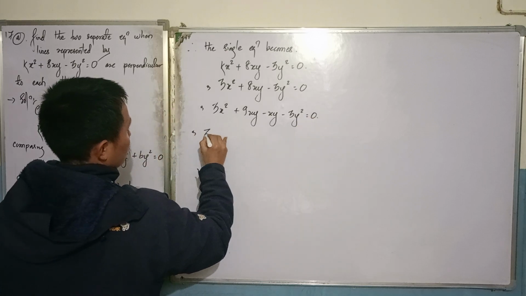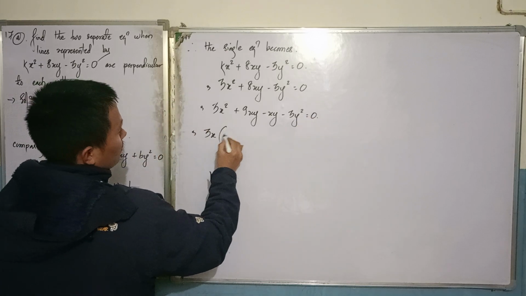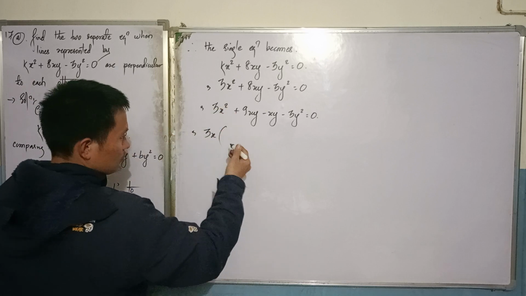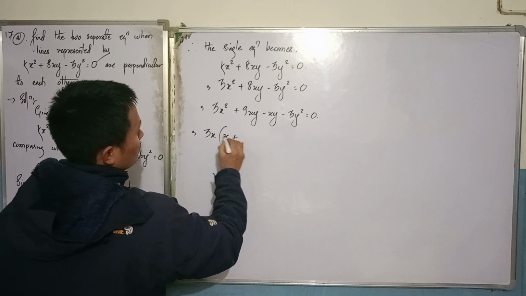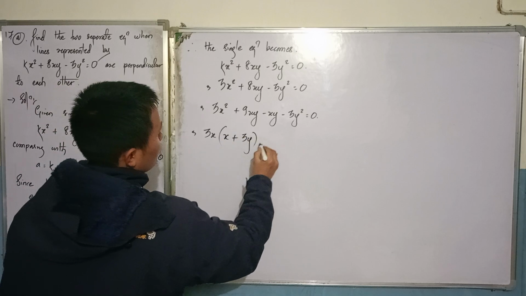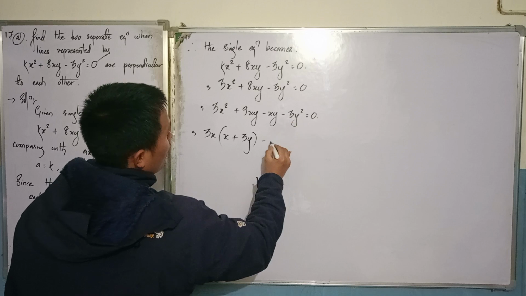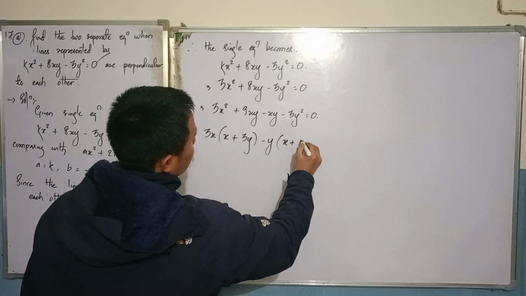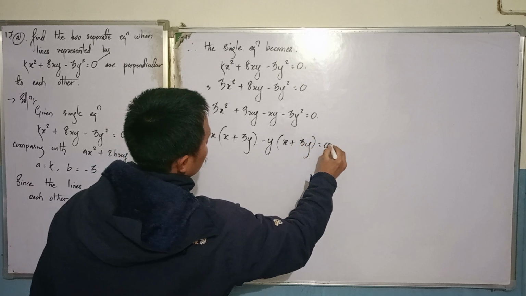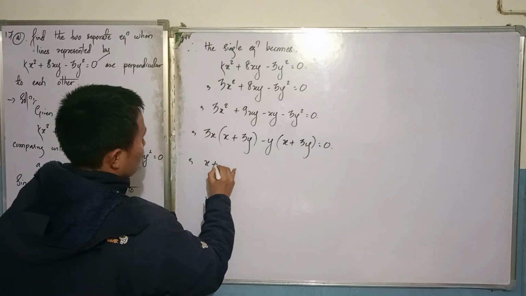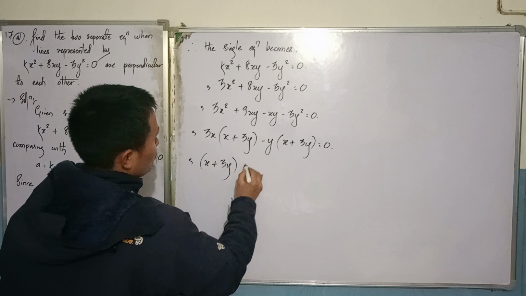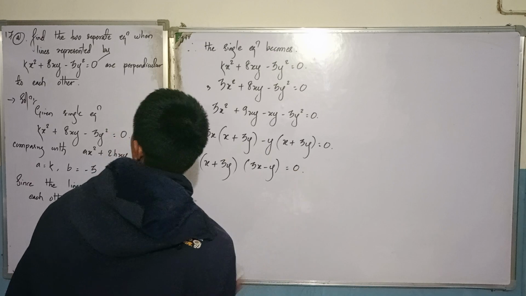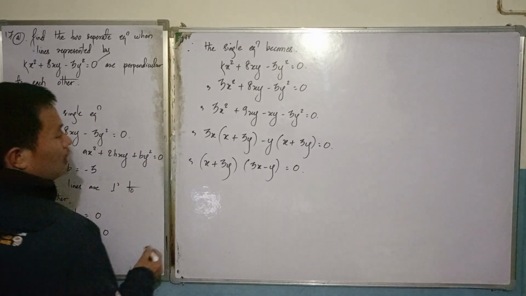Now take 3x common: x plus 3y. Here you just take y common. Now x plus 3y equals 0, or 3x minus y equals 0.